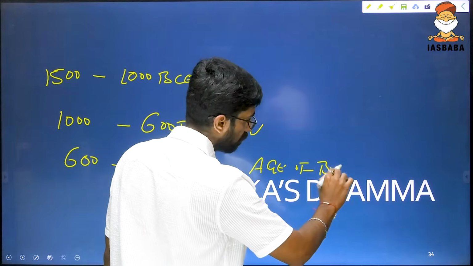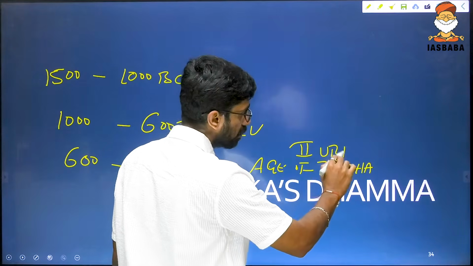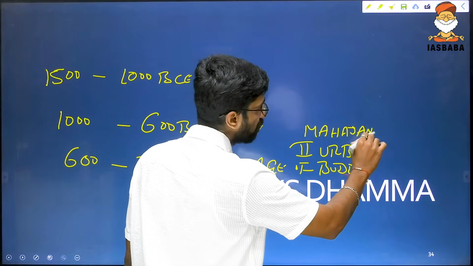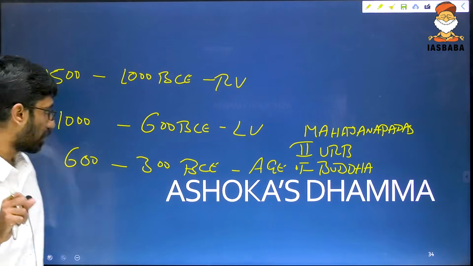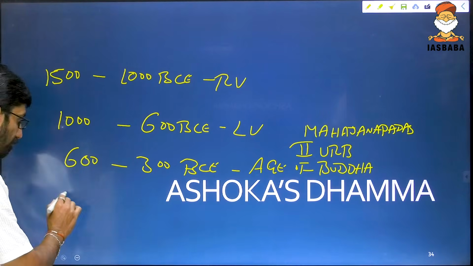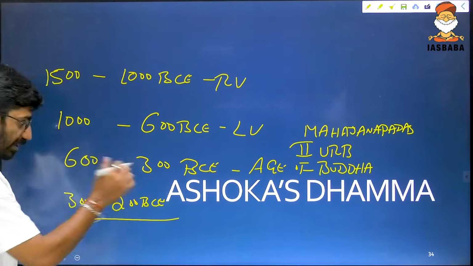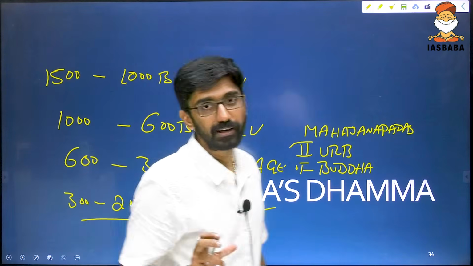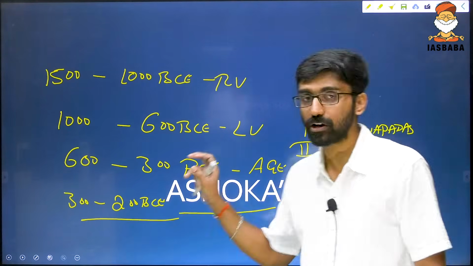Again we can also call it the second urbanization, the Mahajanapadas, and the age of Mahavira also. It is the same time period, Mahavira, then Buddha, then Ajivikas, Charvakas. So different ideologies were emerging. And then from 300 to 200 BC, this is where we are in this discussion, that is the Mauryan dynasty. Within the Mauryan dynasty, we are talking about one particular king, the great Ashoka, and one of his policies, that is the Dhamma policy. So this is just the background.